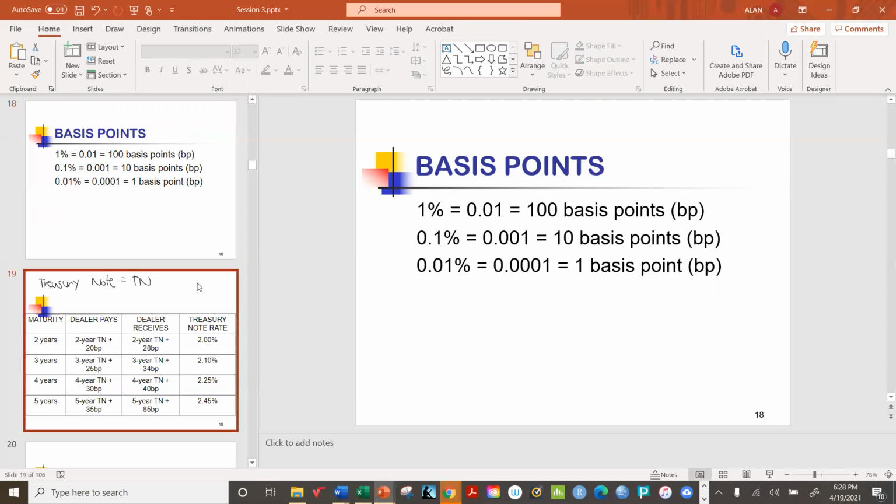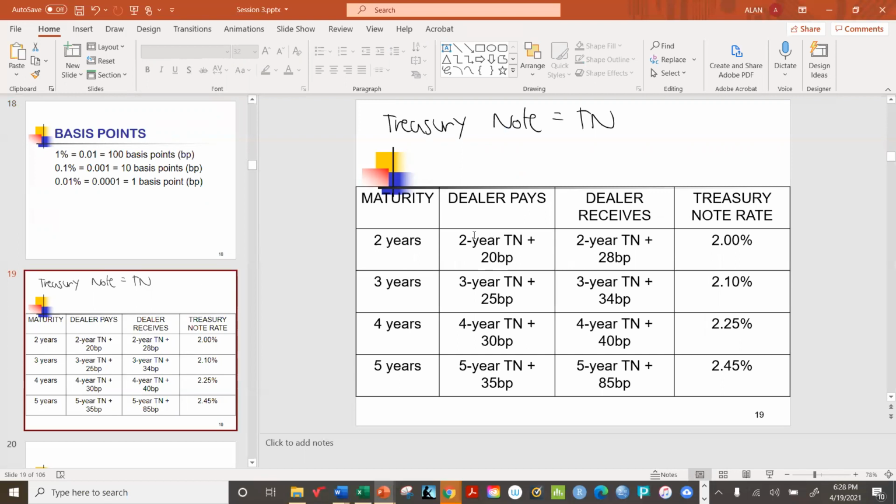All right, now, so here, for example, if you're interested in entering into a swap with the dealer in a fixed interest rate swap, the dealer will pay 2-year treasury note yield plus 20 basis points in exchange for LIBOR.